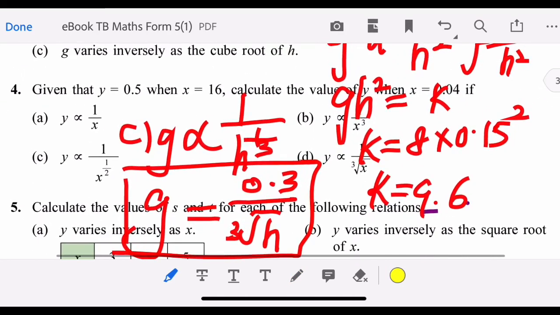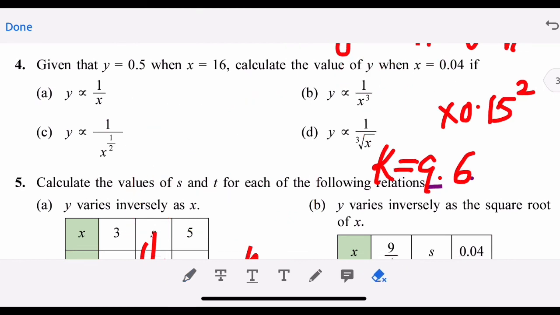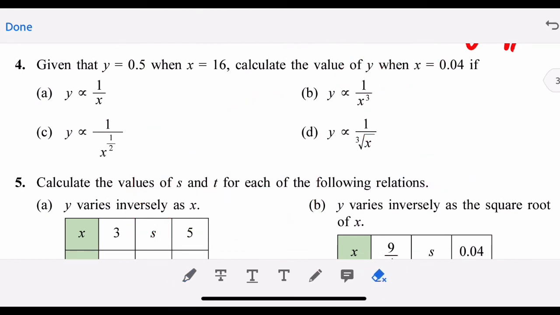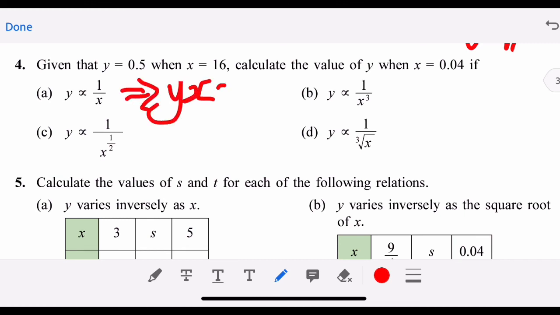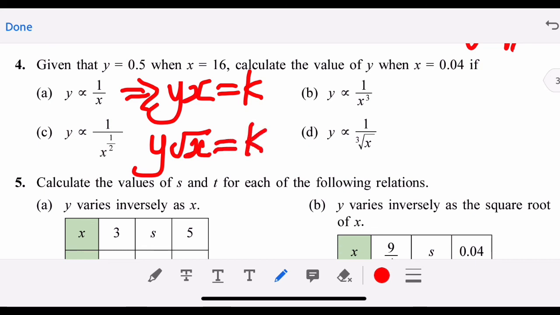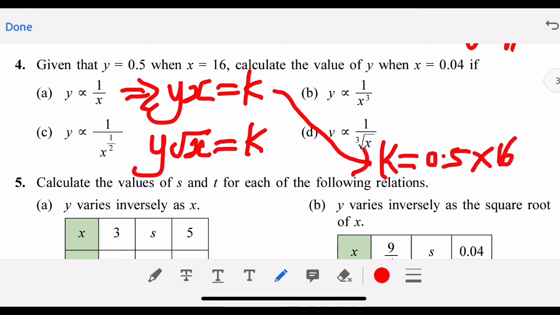Alright, so for the rest of the questions, I think you should know how to do them, right? For a question like this, you just make it equal, you can write yx equal to k. Find the k first. For this one you can put y square root x equal to k. Find your k, and after that use back the k. Let's see, I do this one. So k is equal to 0.5 times 16, which is 8, right?